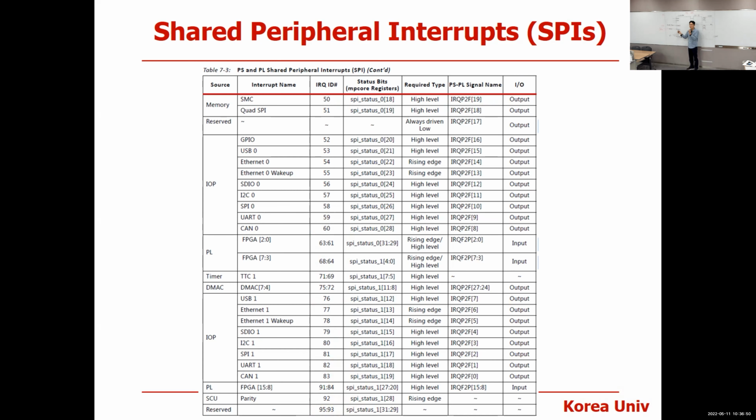The point is each I/O device has its own ID. You have to remember. Okay. In the last demo we used the private timer, and that is assigned this ID. 29 is the ID for the private timer.